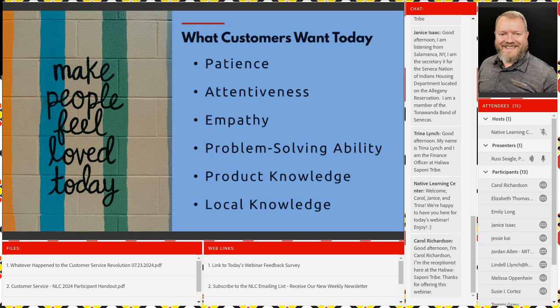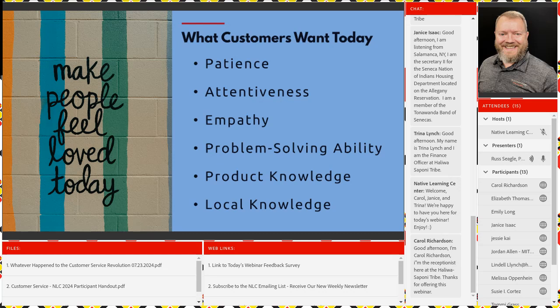We have to have the ability to take a deep breath, get to the bottom of what it really is that our customers want, that our customers need, and go from there. Our customers want us to be attentive.